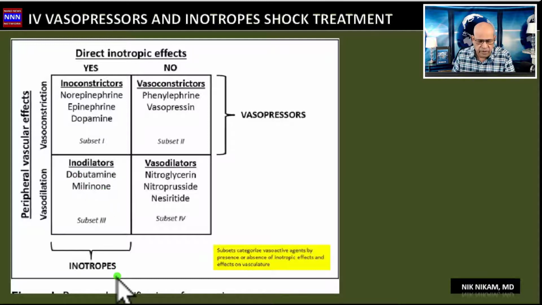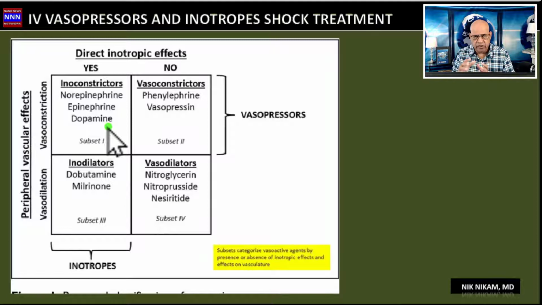Whereas if we want to have some inotropic effect, increase contractility and maintain some vasoconstriction because of severe hypotension, then we are talking about norepinephrine, epinephrine, or dopamine in varying dose levels.